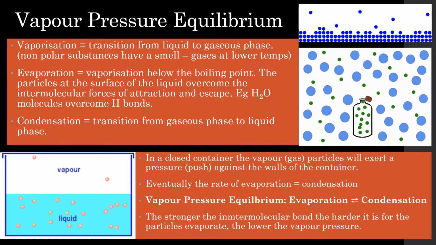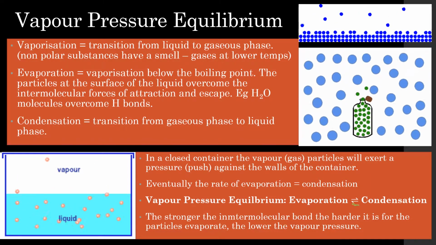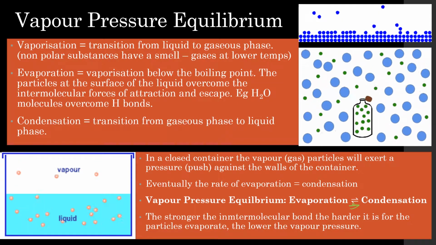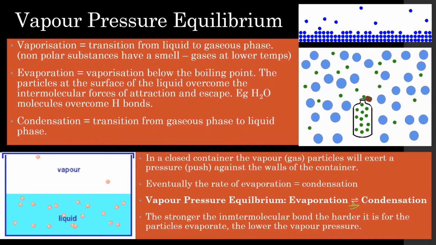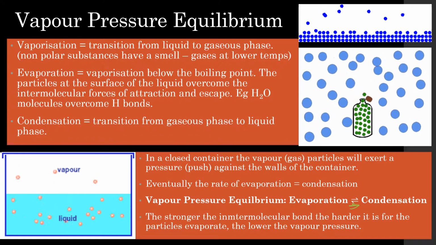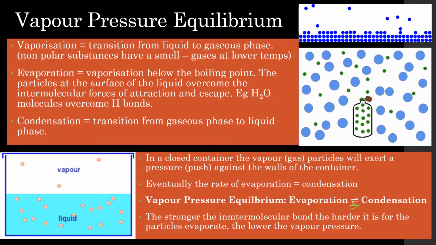And so we use this little arrow. I don't think I've shown that to you before, so that's a two-way arrow, just saying there's an equilibrium happening, that the rate of evaporation and rate of condensation are going backwards and forwards.